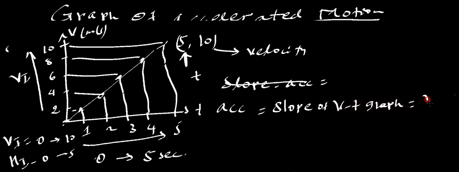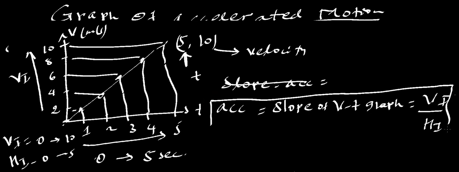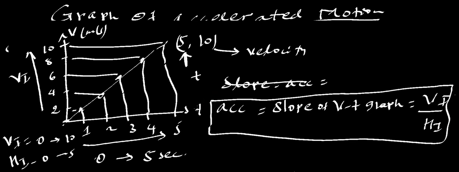That is vertical increase over horizontal increase. This is the formula to calculate the acceleration from the given graph.